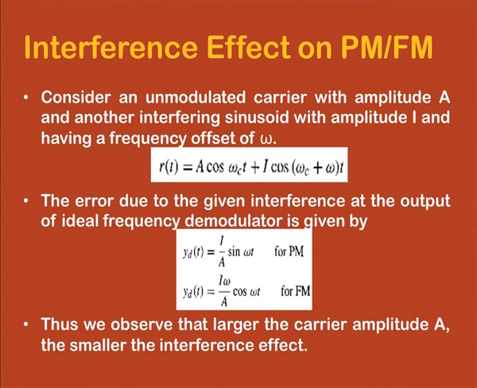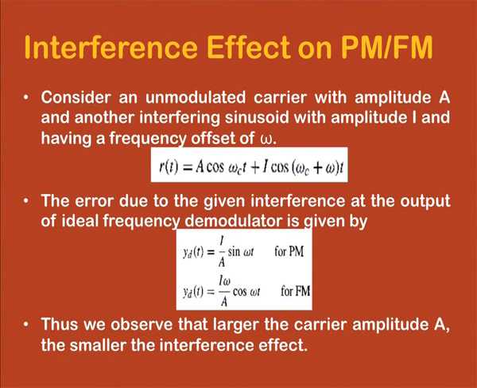Now, we know that for detecting this FM or PM signal, we need to pass it through a differentiator and then an envelope detector. So, we look at what output we will get when we pass this signal through a demodulator. In the output we will get a term corresponding to interference, which will be of the type I over A sin omega t for phase modulation, and I omega over A cos omega t for frequency modulation.